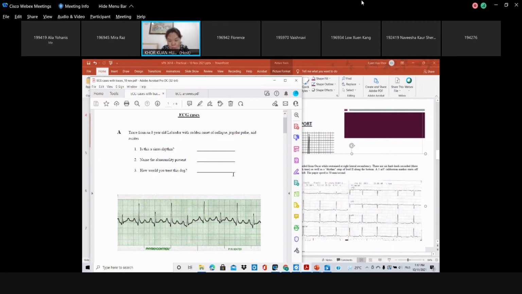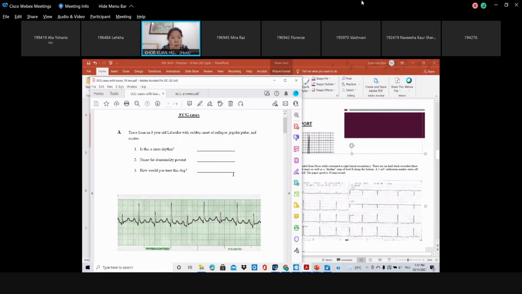Is this a sinus rhythm? Hello, Doctor. Yes. So for our group, we answer this as yes. It is a sinus rhythm, but this one is a normal sinus rhythm. Okay, betul. Very good. This is a normal sinus rhythm.